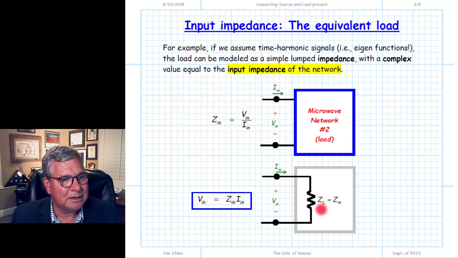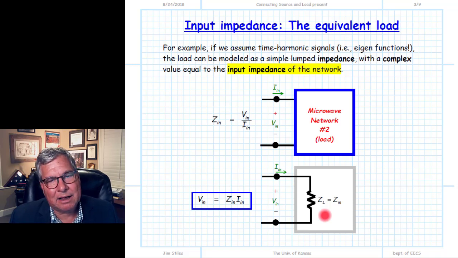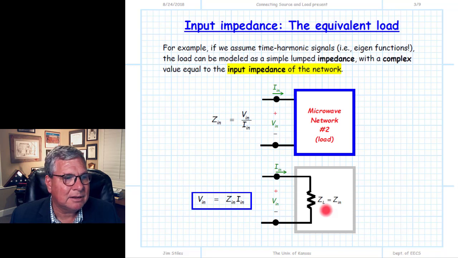And this causes some confusion in this class. We talk about the input impedance of a passive load, and that describes it, but if we connect a source to that load, that impedance now becomes the load impedance, the impedance connected to the source. So we use these two interchangeably, and you need to make sure that you understand what we're talking about there.